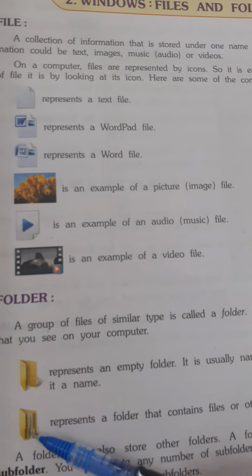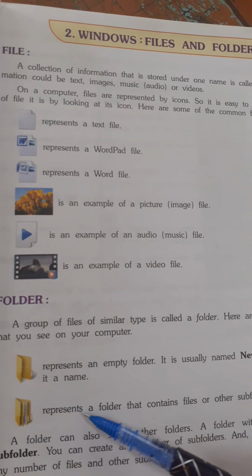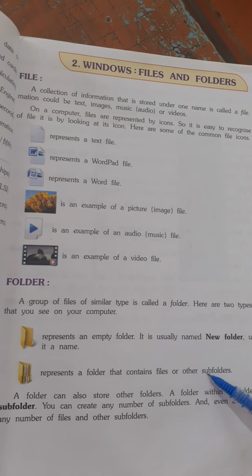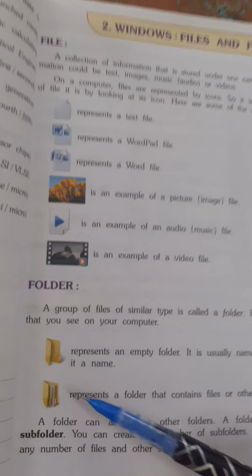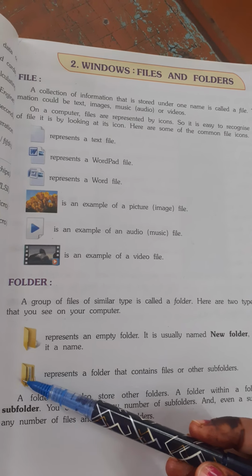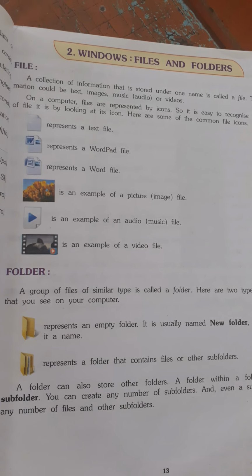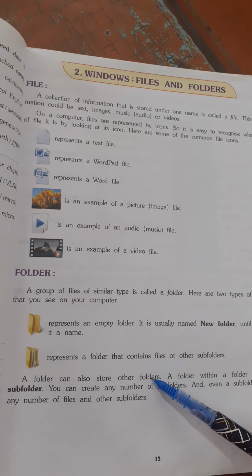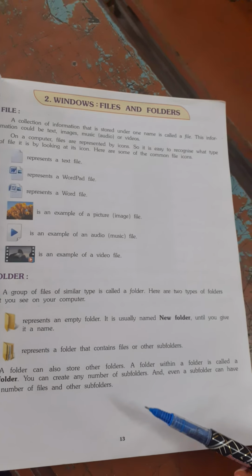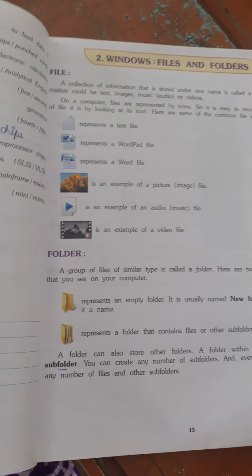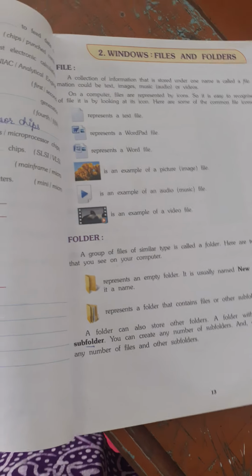Then after, this type of icon represents a folder that contains files or other subfolders. Okay, so it means that there are other files or other subfolders in this folder. Now a folder can also store other folders, and a folder within a folder is called a subfolder. Right children, this definition you have to remember.